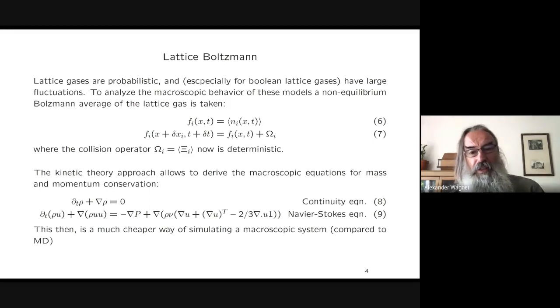Despite the fact that this equation 7 looks exactly the same as the equation for the integer lattice gases, of course it means something very different, because these n's were integers and the Xi was a probabilistic collision operator. Here now we have real numbers and the deterministic collision operator. And of course, what it achieves is that you get rid of the noise that was there, and you can also derive, as we heard about earlier, the continuity and Navier-Stokes equations out of this. And it's a much cheaper way of simulating a macroscopic system if you compare it to MD.